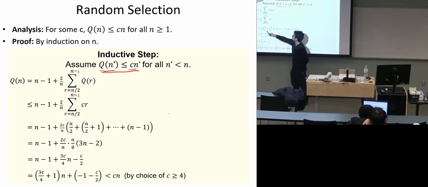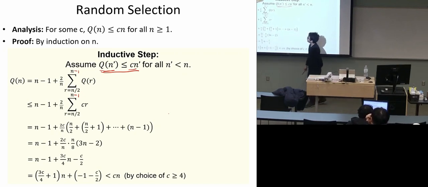This looks like something that is n squared, but it is now divided by n. So you know that at the end, this term needs to look like something of order n. But you need to calculate it a bit. And at the end, you simplify the calculation, and you need to show that your final calculation is less than Cn.